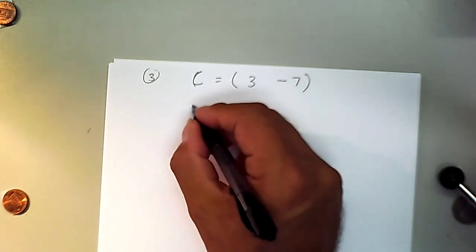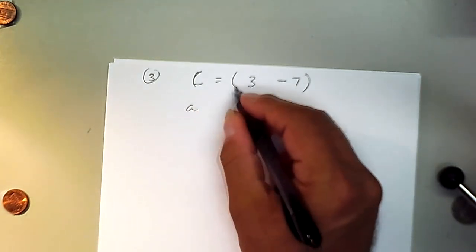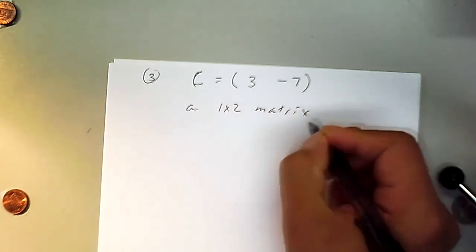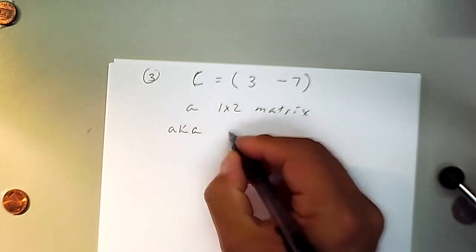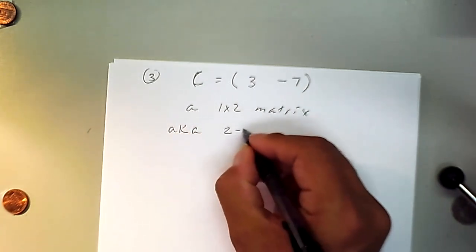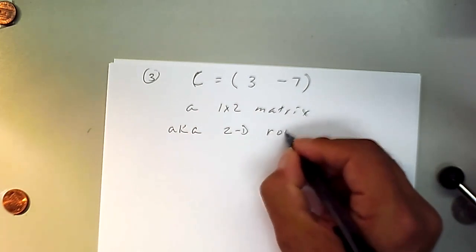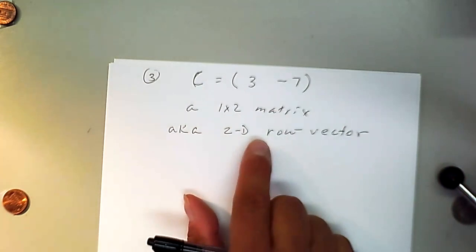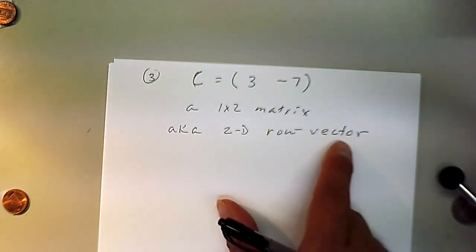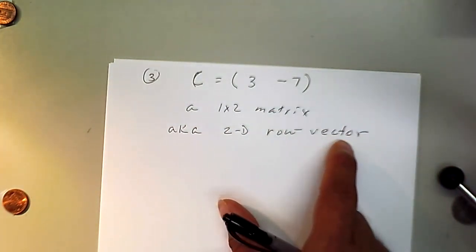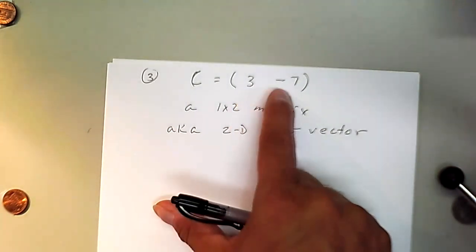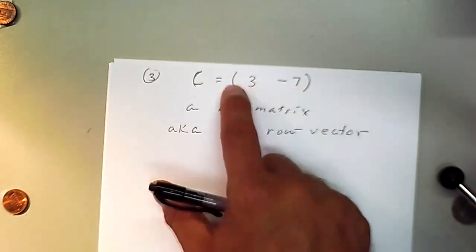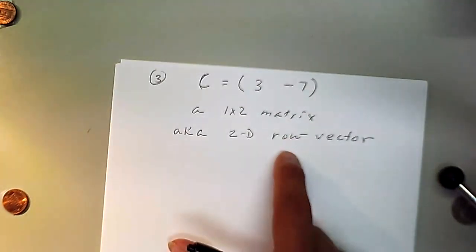So this is a 1 by 2 matrix, also known as a two-dimensional row vector. A vector is a pair of numbers that are ordered. A matrix is a rectangular array, and if we have only one row and two columns, then that's the same thing as a vector.